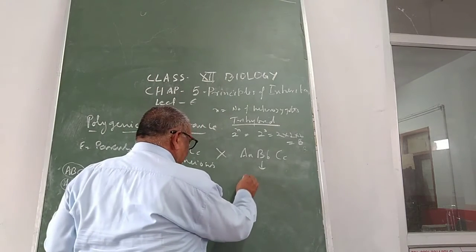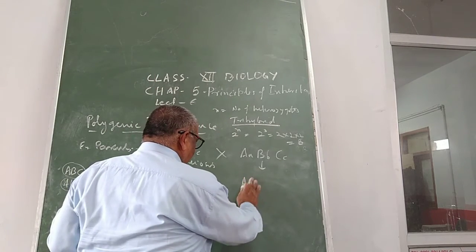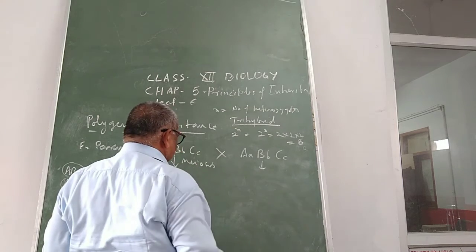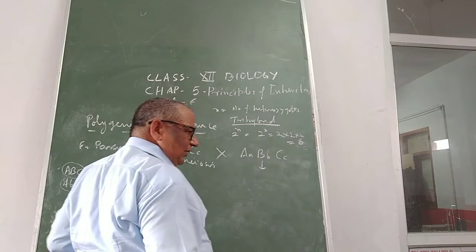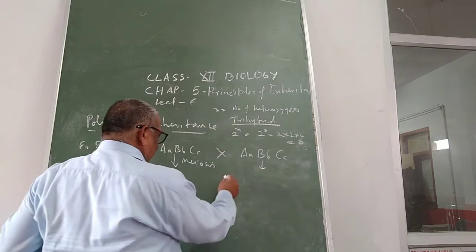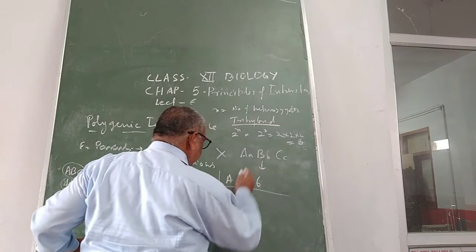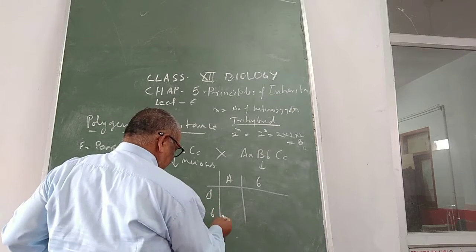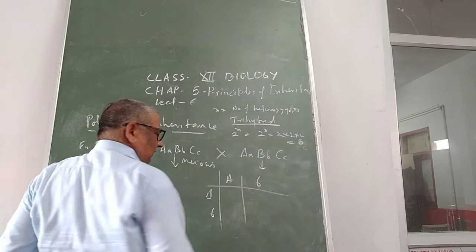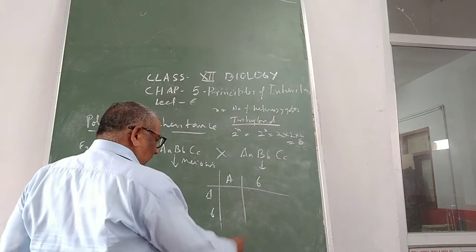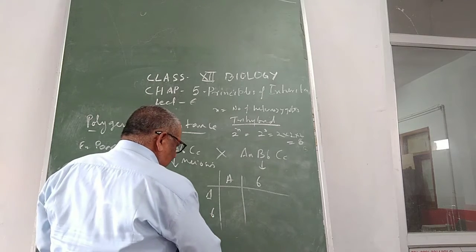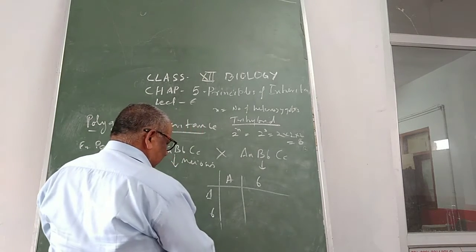Now first we will take these 3 genes, first A, B, then the others. Like that, in this way we form one gamete, then the second will form. So in this way we will come up with the gametes.